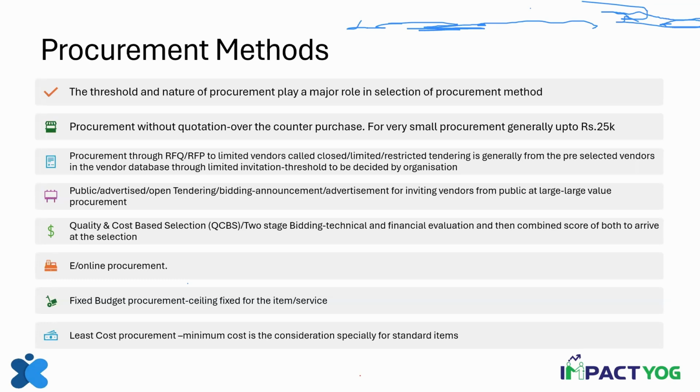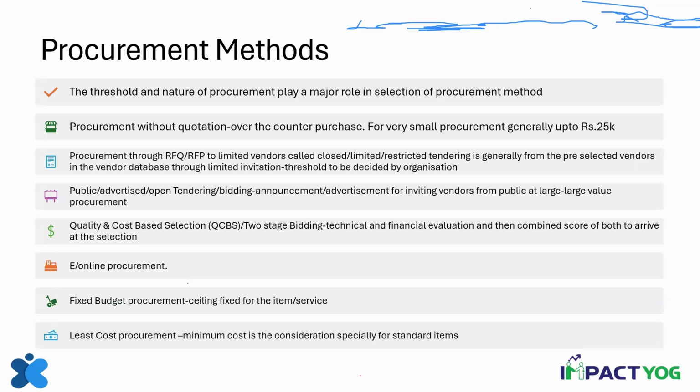If it addresses and we have a rating mechanism, then we will take it to the financial stage and we will provide the weights to the financial and technical proposal and come up with the overall decision on who is the lowest responsive bidder. Okay.